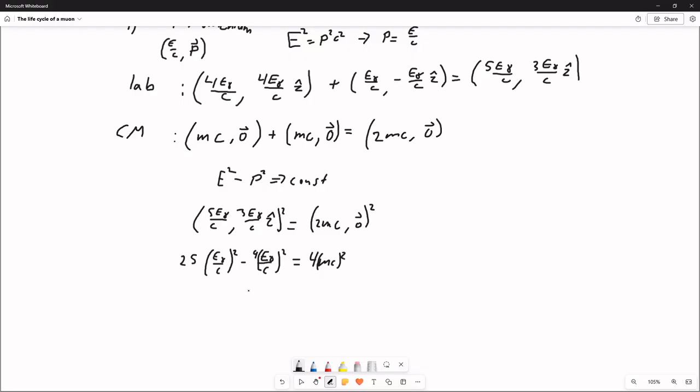We can simplify this to be 16 E gamma over c squared equals 4mc squared.